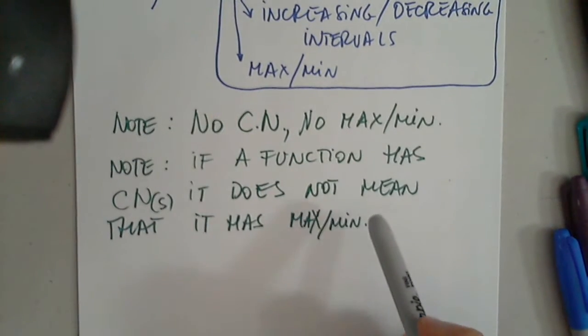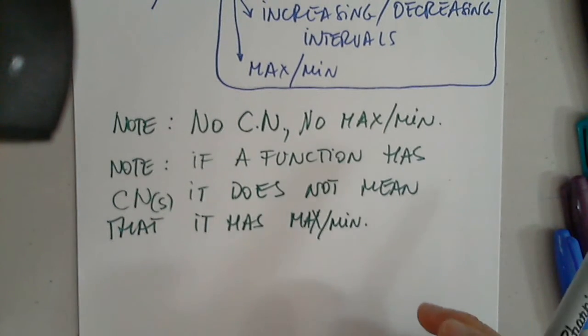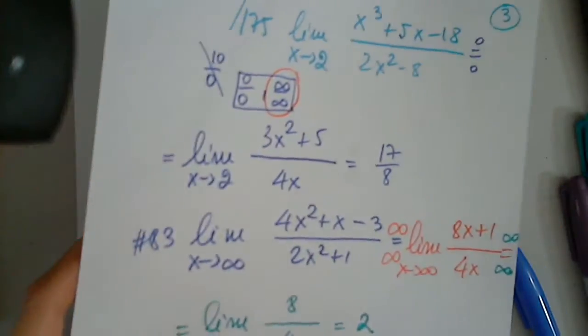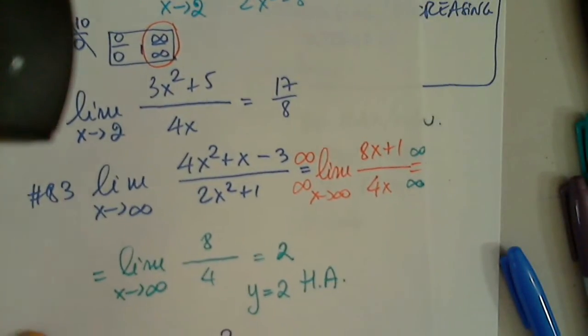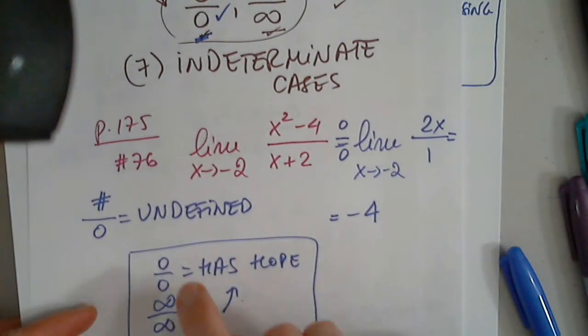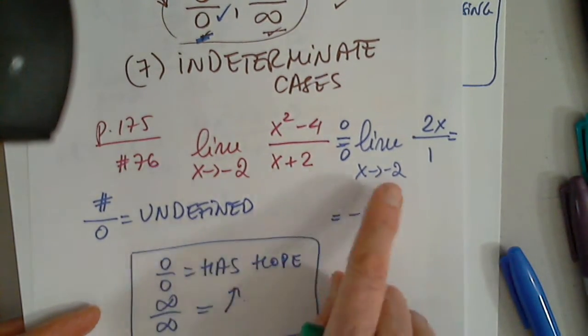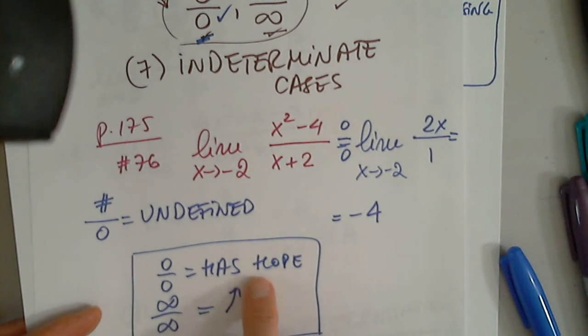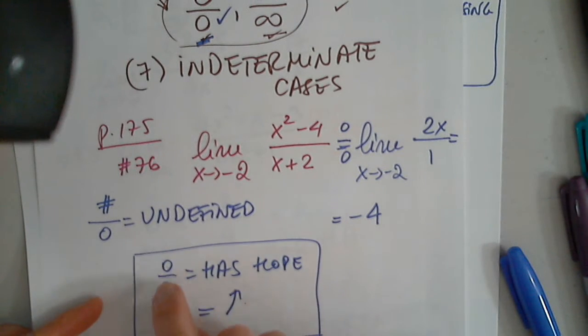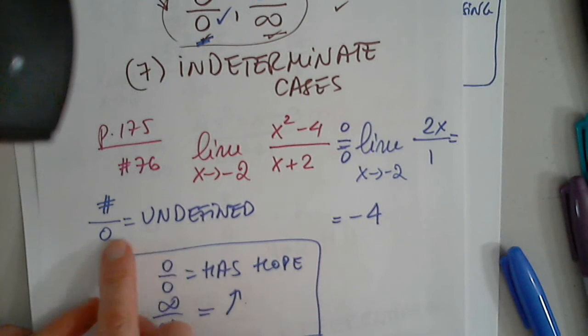So like with the limits, I said 0 over 0 is not guaranteed to exist, but it has potential. 0 over 0 is not guaranteed that it has a limit, that the limit exists, but it has hope. So it may happen. But if it's 5 over 0, it's never going to happen.